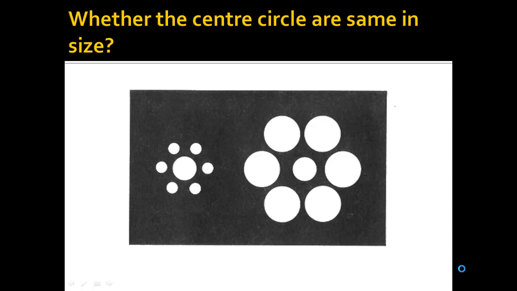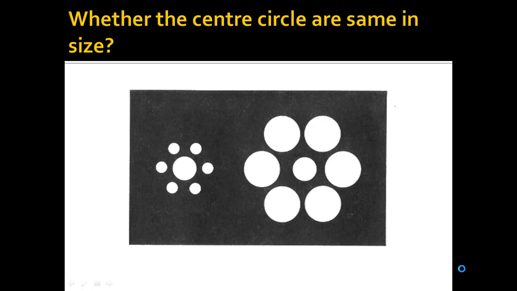Apparently, when we look at it, the circles seem different. The first center circle seems much bigger compared to the circle which is surrounded by the large circles. That seems a bit small. But in reality, if you measure the size of both circles, you'll find that both circles are of the same size.